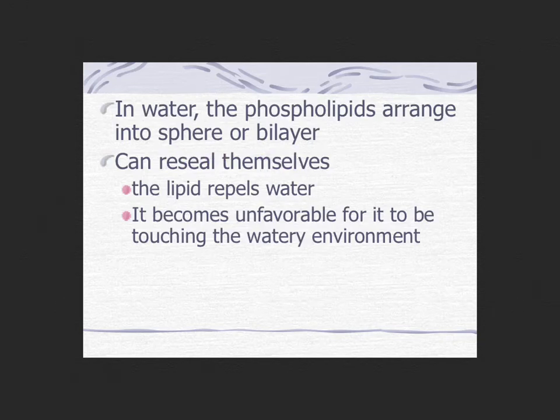Because the lipid repels water, it stays away from the water, and the watery part dissolves into the water. And because of that, it'll reseal itself, and that's how the cell membrane works. If anything pushes those phospholipids apart, they will naturally come back together, so it can kind of reseal itself.